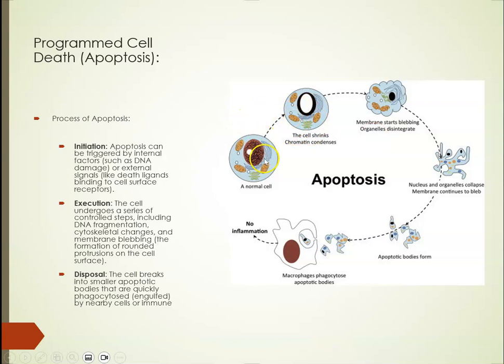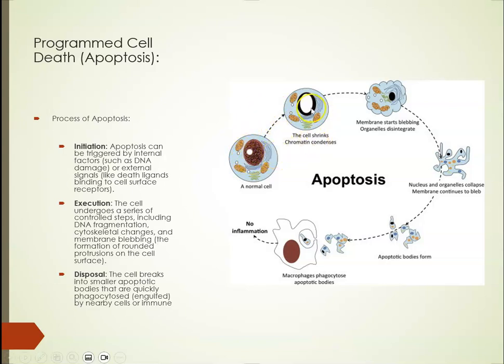In the beginning, this is a normal cell. Apoptosis can be triggered by DNA damage, or external signals such as death ligands binding to cell surface receptors. So whenever a defect takes place within the cell, it's a signal to say, hey, you need to get rid of yourself because you're defective.